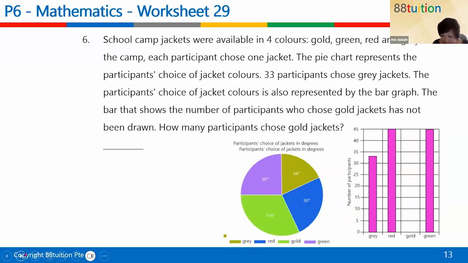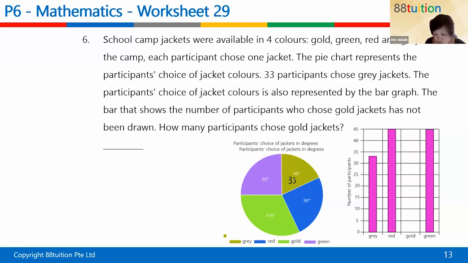Question 6. The school camp jackets are available in 4 colors: gray, red, gold, and green. At the camp, each one is supposed to choose one, and the pie chart represents the choice. 33 of them chose gray. So gray will be this one.